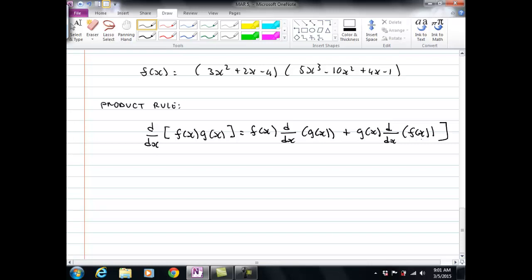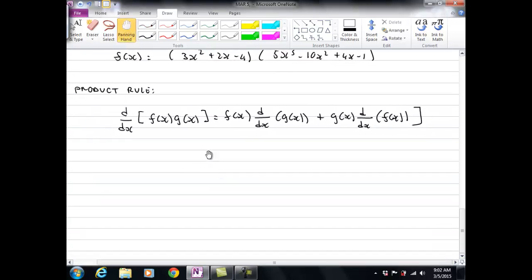That's the true formula. The question is, can anyone decode this and tell me what this is really saying? I'm going to pause it and let you. The formula really looks complicated, but if you don't know how to convert it into English, you're going to say, what the heck is this talking about?